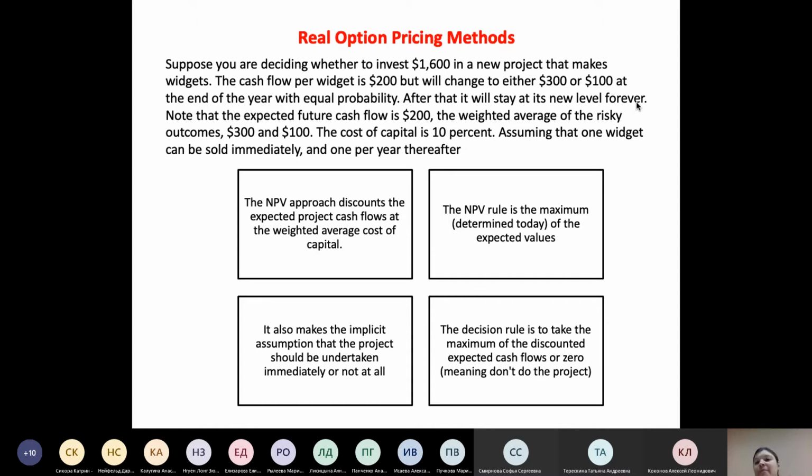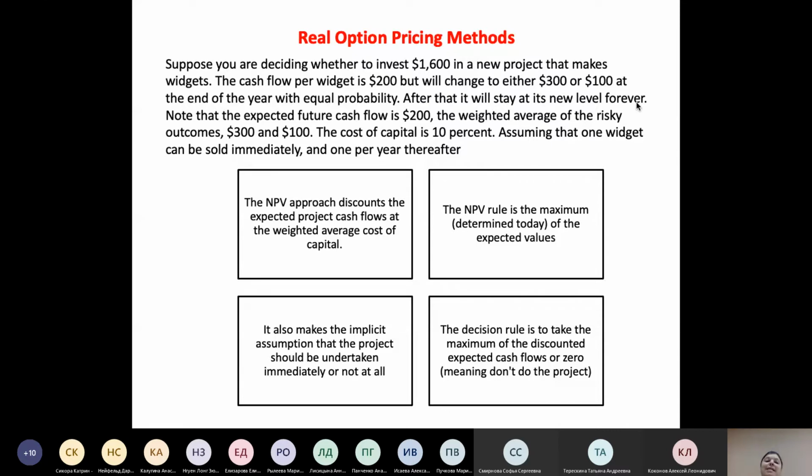But we have the opportunity to increase our profits to $300 or to decrease our profits to $100 with equal probability. The cost of capital, let's suppose, is 10%, and assuming that one widget can be sold immediately and one per year thereafter.